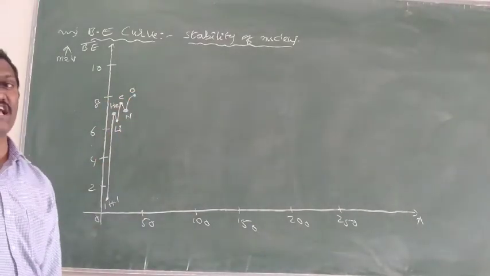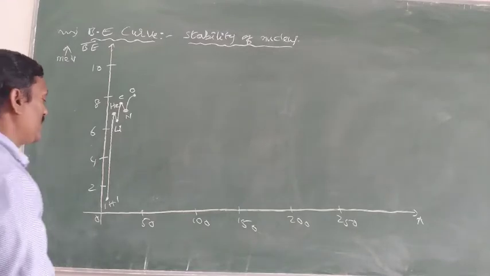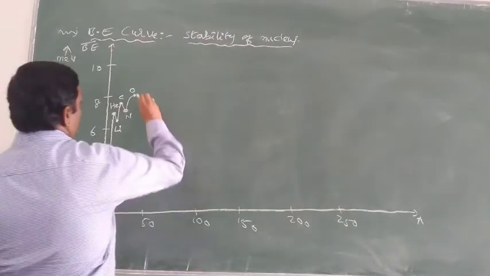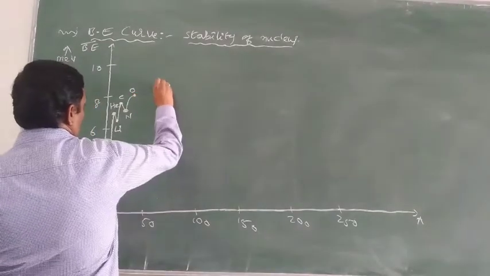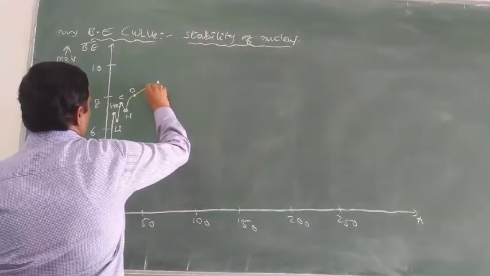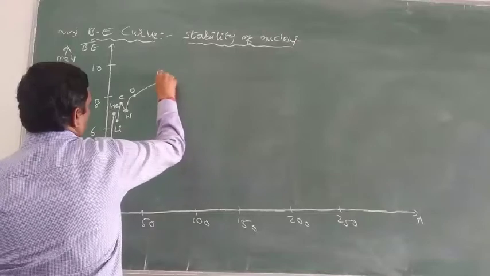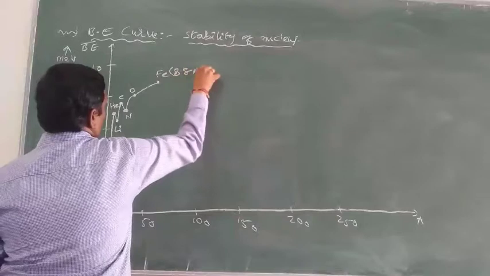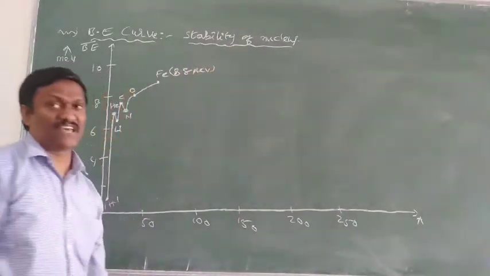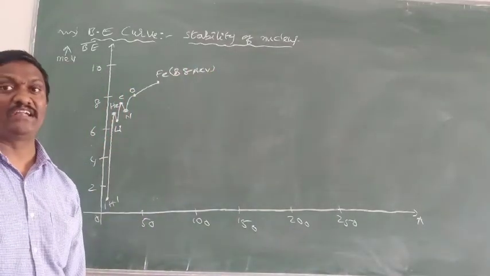From oxygen onwards, the average binding energy increases, and iron 56 has the maximum average binding energy, around 8.8 MeV.